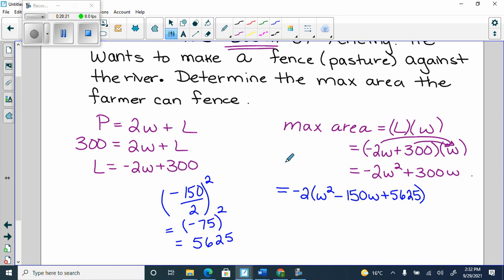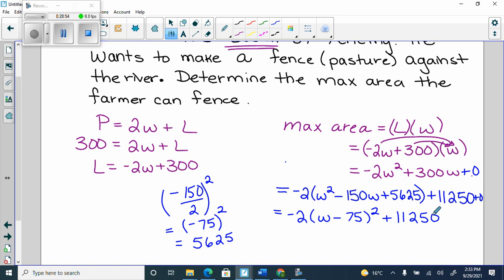Technically we added a negative, so you subtracted 11,250, so we're going to have to add 11,250 back. So we're going to get negative 2w minus, look one back, it's always half of this one, right? Minus 75 squared plus 11,250.